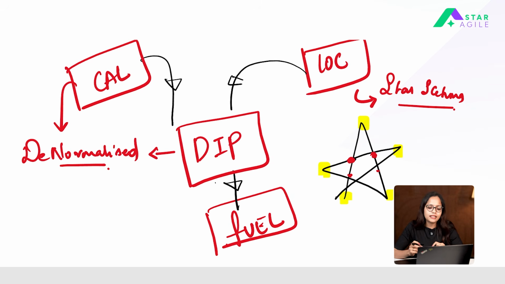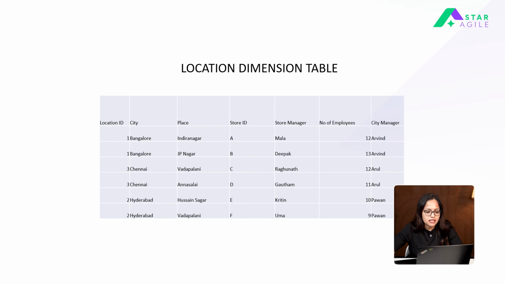If I just verbally explain, it can be a little confusing, which is why I have an example in place. Let us quickly go to this particular slide. This is a slide where I would like to show the example of a snowflake. Now, kindly observe this location dimension table, guys. Forget about the location dimension table that we just worked on because it's very simple.